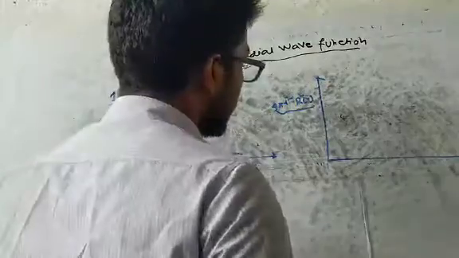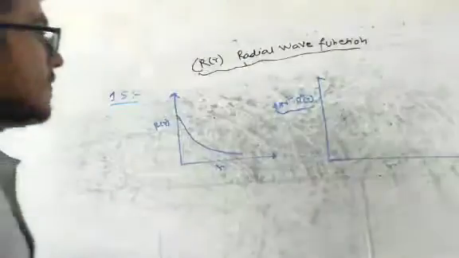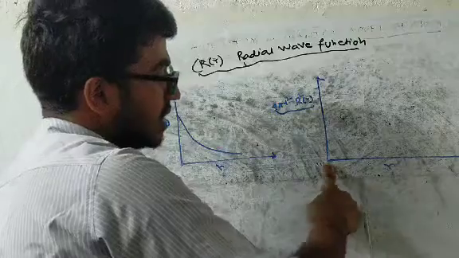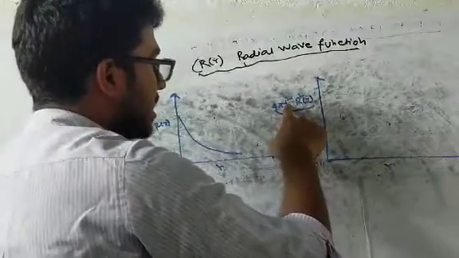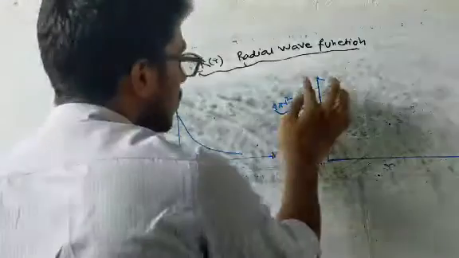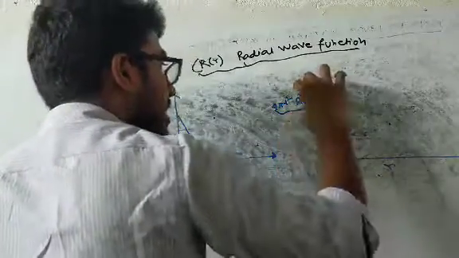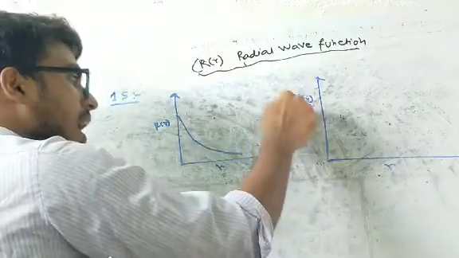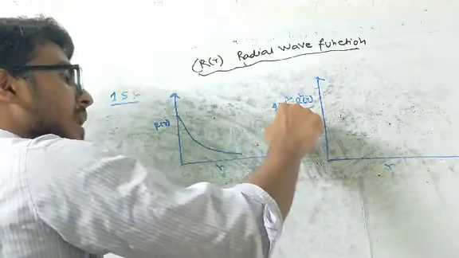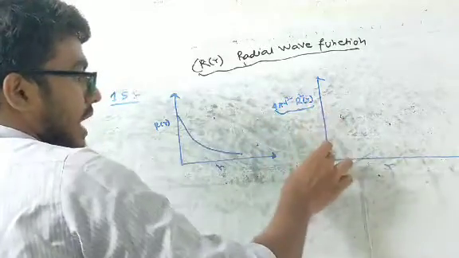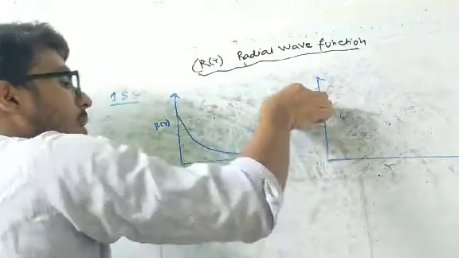Now if I draw this curve, look at this equation. At the origin, r equals 0. Here, if you put r equals 0, for 4 pi r square into the square of the radial wave function, the value of r square is 0 at the origin. So the value of the whole part will be 0.